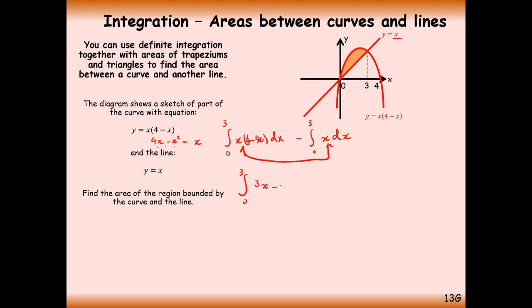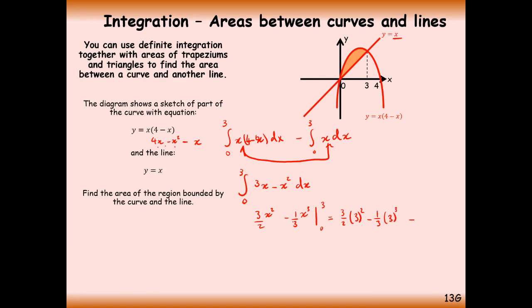We can just integrate this function under those limits, and this will give us the orange area straight away. So that's 3x squared over 2 minus x cubed over 3, evaluated from 0 to 3. That is 3 squared times 3 over 2 minus a third of 3 cubed.